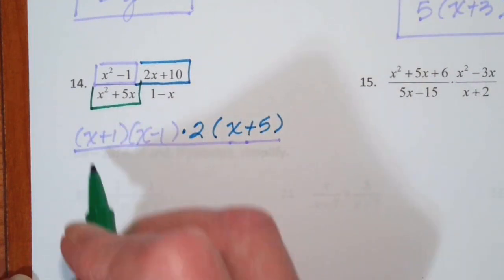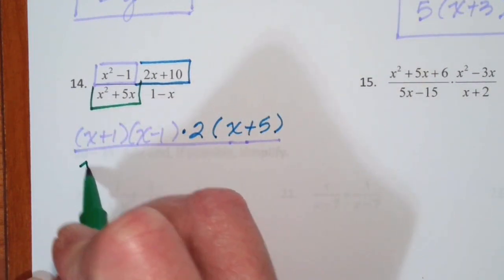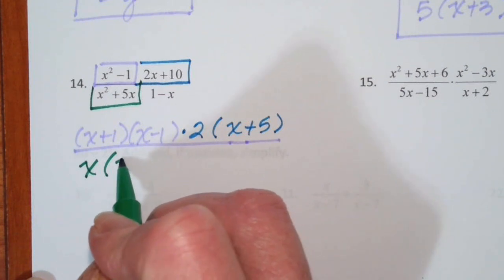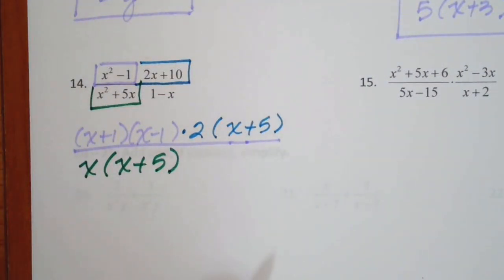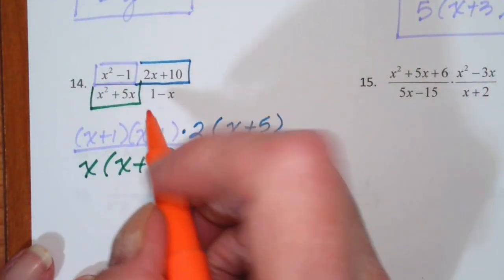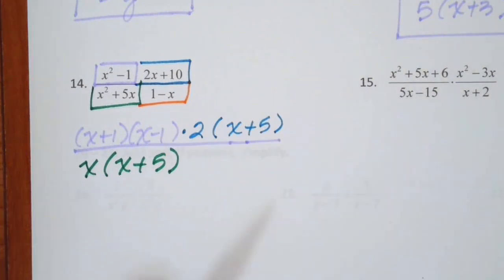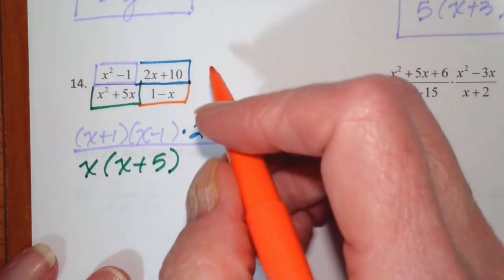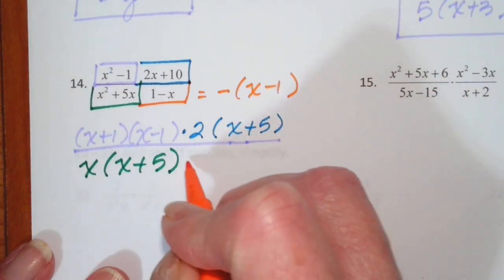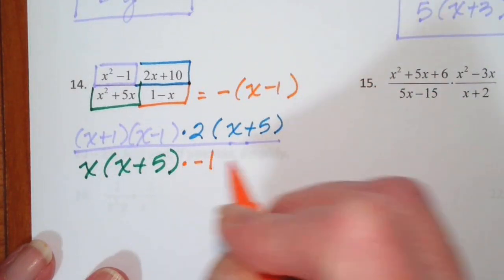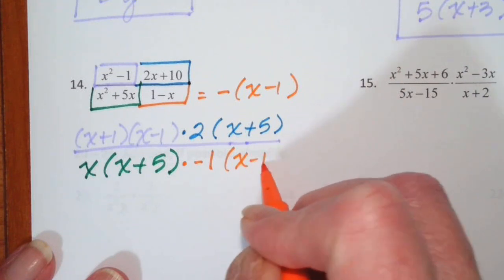X squared plus 5x has a common factor of x, and I'm left with x plus 5. And then finally, 1 minus x, I remember, is the same as the opposite of x minus 1. So this is going to be times negative 1 times x minus 1.